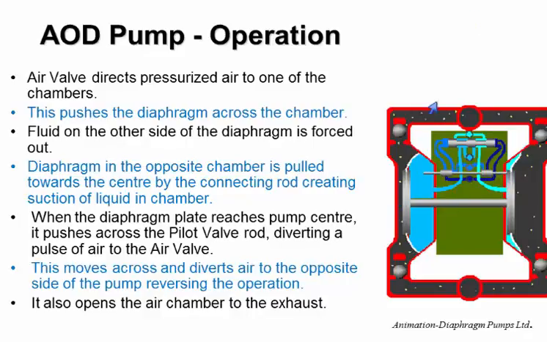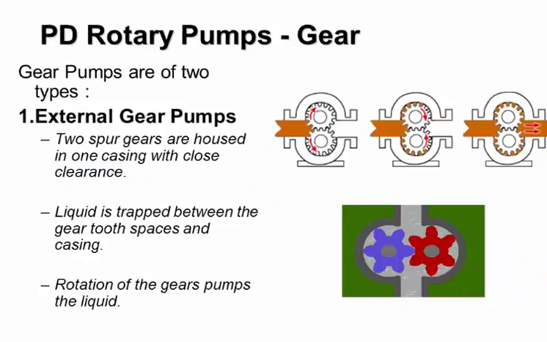At the same time, when this moved to the left to discharge, the pressure in this chamber became lowered, and we drew in a fresh charge of liquid into here. Now, when this piston moves across to the right, we'll draw in liquid on the left and we'll discharge on the right. And that's how it does it. For every stroke of this plunger, back and forth, we've got one suction stroke and one discharge stroke.